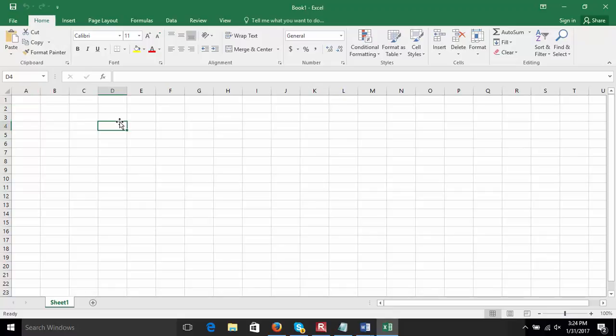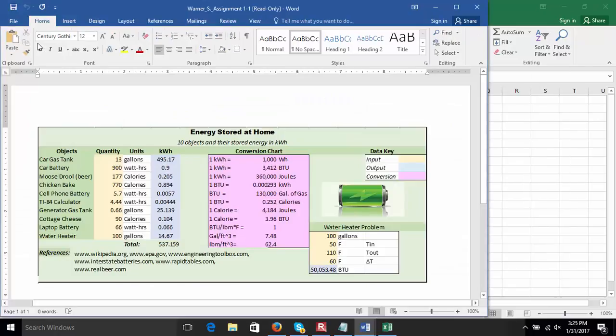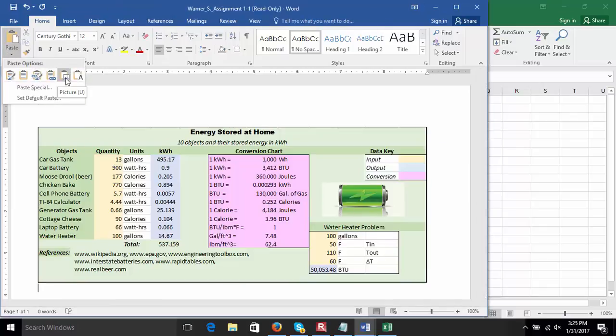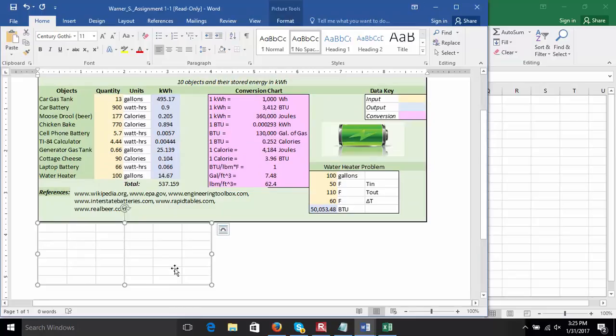If I had a set of cells and did a copy, went over to Word and clicked somewhere, and then go to paste, it'll ask me for a picture, and I just pasted those cells as a picture. So do it that way.